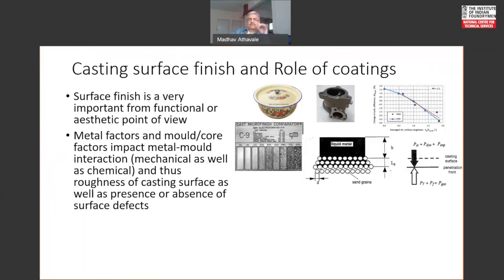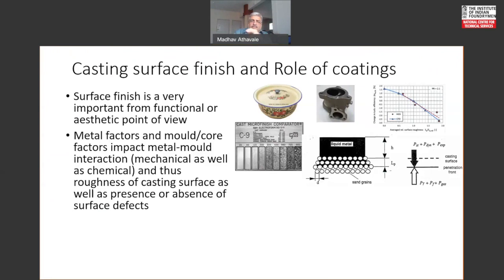And we saw the physics and chemistry behind the surface roughness as well as some of the casting defects. And we saw that there are two opposing forces working when it comes to surface roughness or metal penetration, as we call it, penetration of the metal between the voids in the mold or core surface.